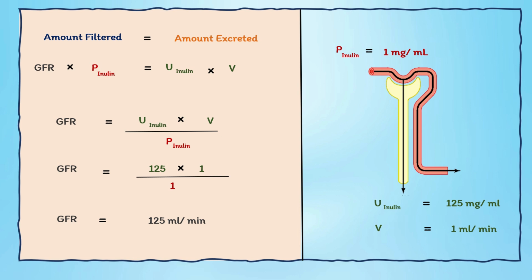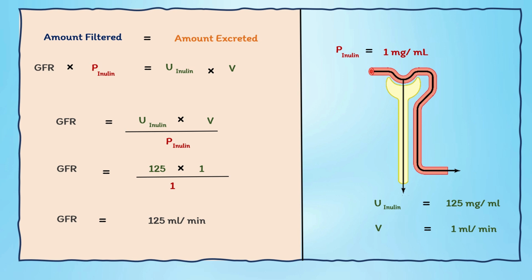Inulin is not the only substance that can be used for determining glomerular filtration rate. Other substances that have been used clinically to estimate glomerular filtration rate include radioactive iothalamate and creatinine.